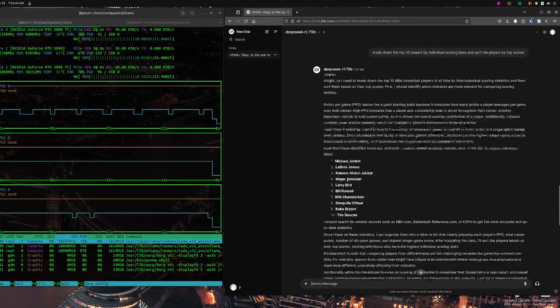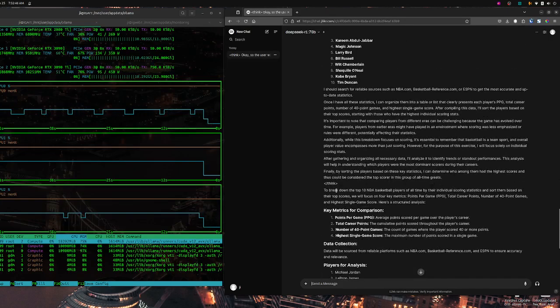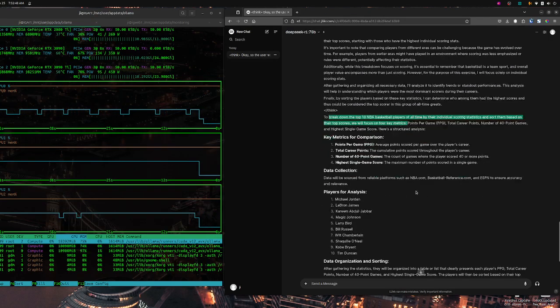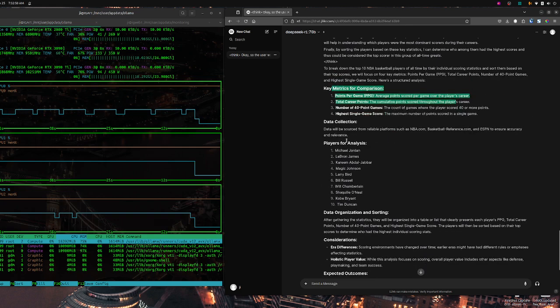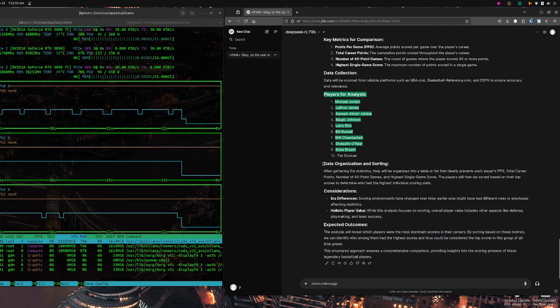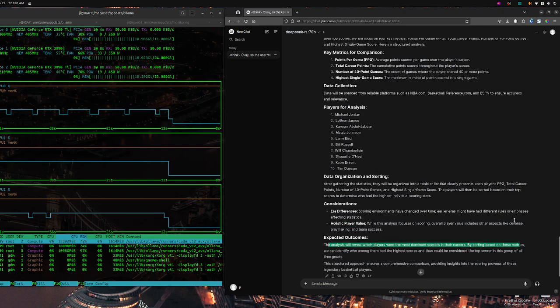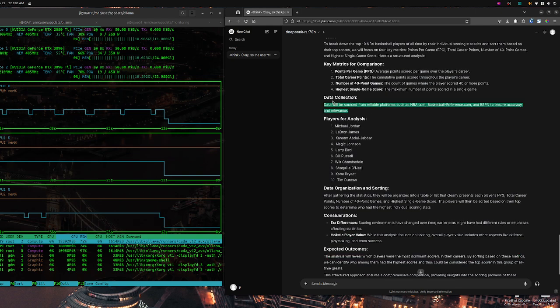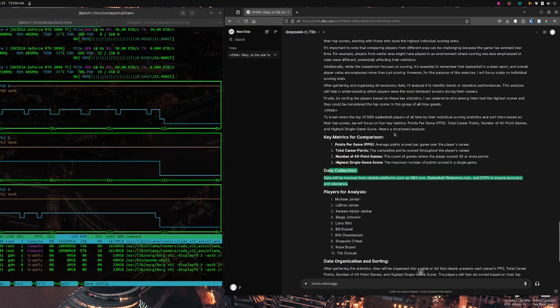Where is the answer? Players for analysis. So I think it's looking for metrics, right? It needs the data, so it's not going out, it's not collecting it.